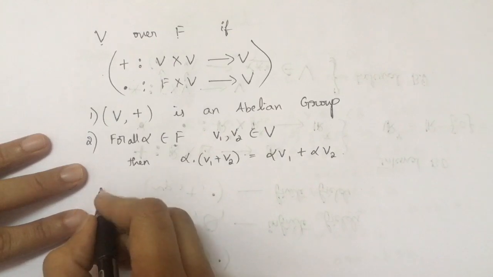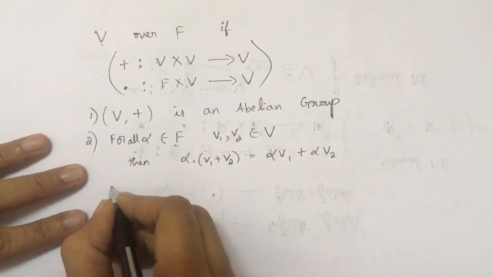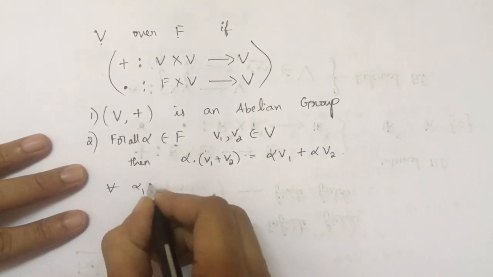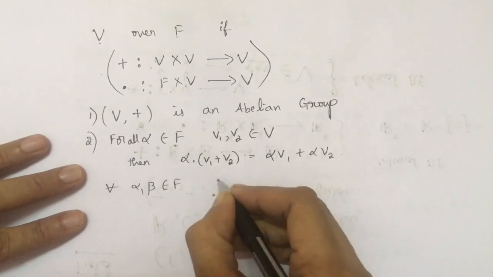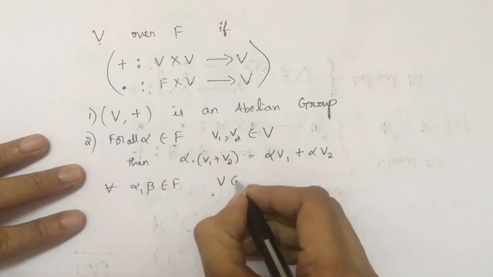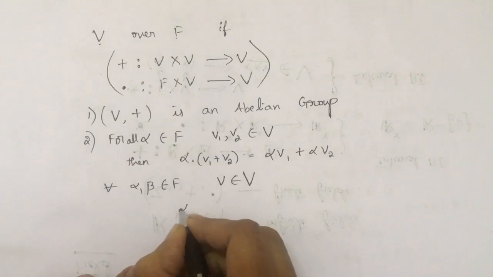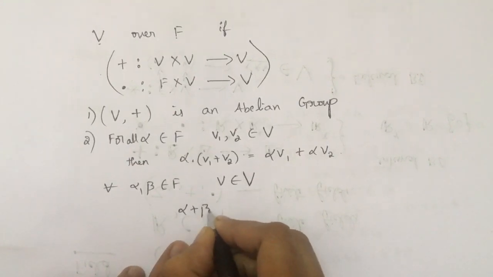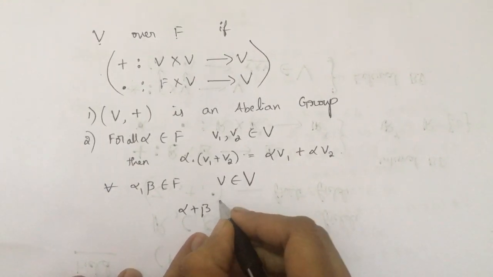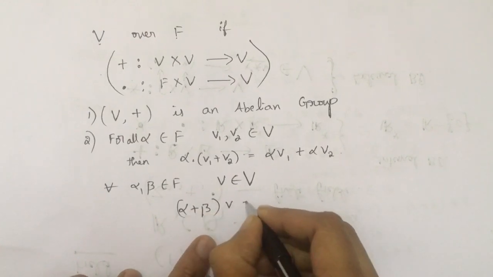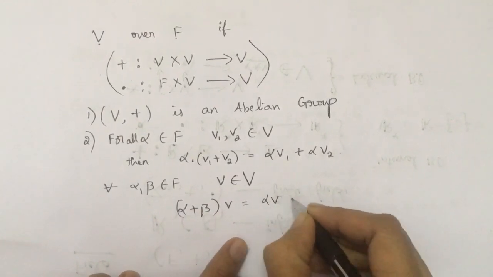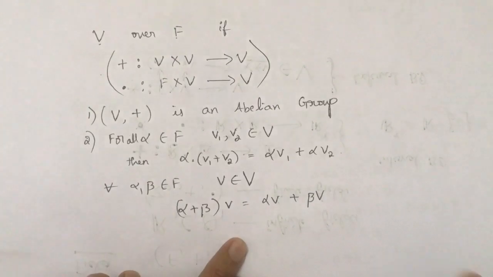Similarly, for all alpha, beta belongs to F and V belongs to V, (alpha plus beta) into V gives me alpha V plus beta V.